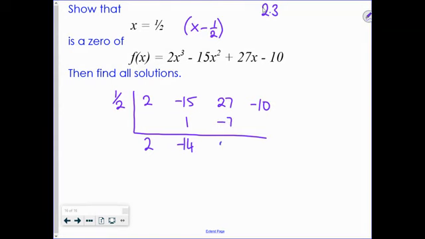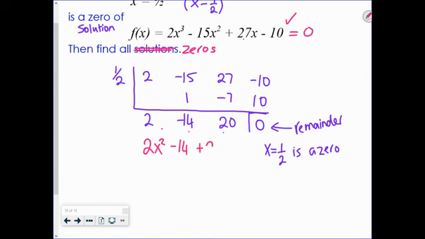This is standing in for 2x squared minus 14x plus 20. If I factor that, oh look, we've got a GCF: 2 times x squared minus 7x plus 10. If I factor this, I can find the remaining zeros.